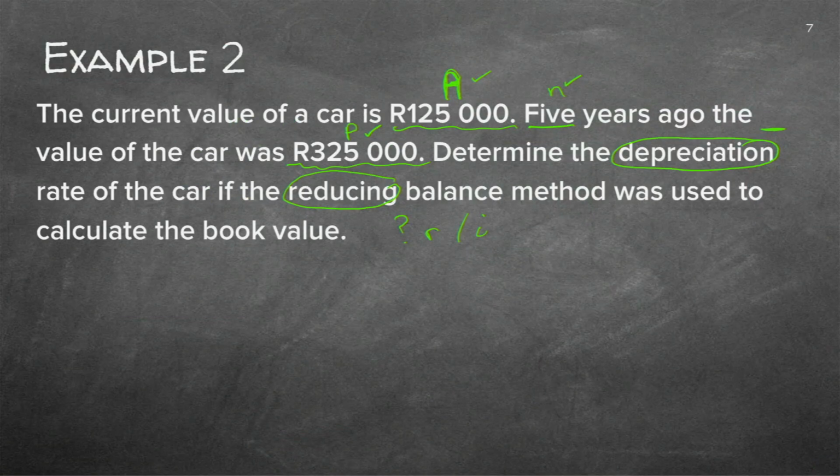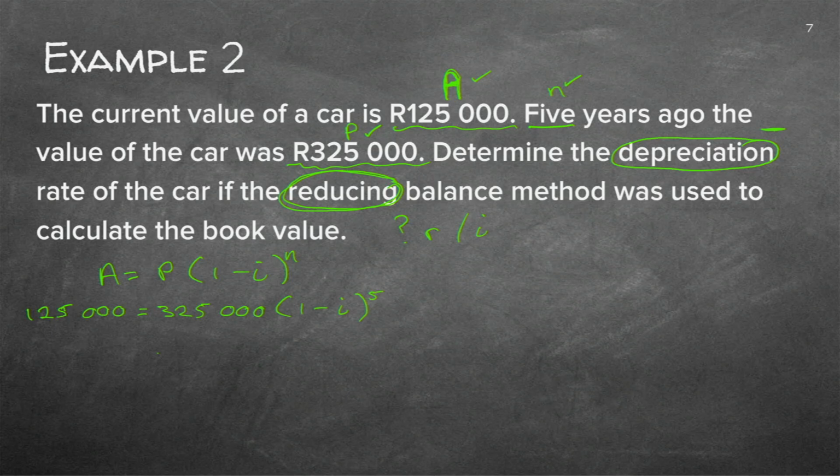So we need the formula for depreciation to make sure reducing balance, so it's to the power of N, compound interest. So I'm going to fill in the A, which is 1 to 5,000. I'm going to fill in the P, 3 to 5,000. 1 minus, I need to find the I to the power of 5.